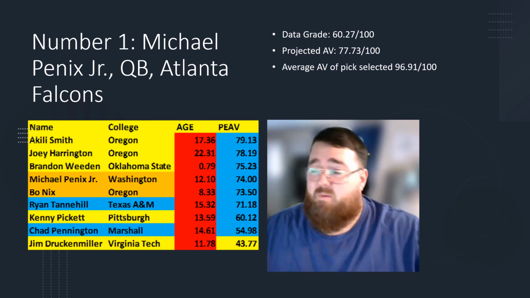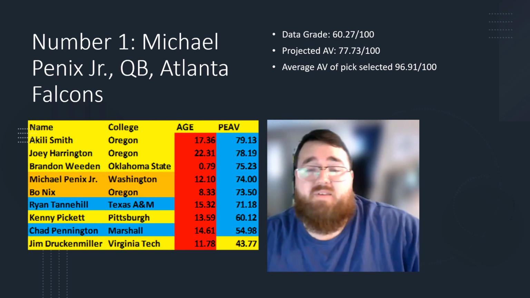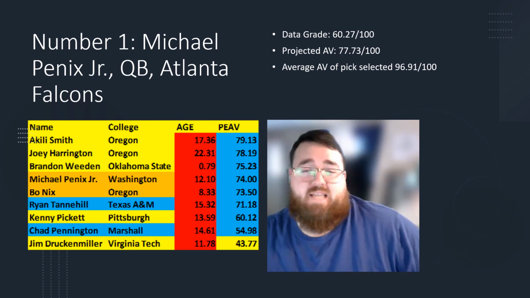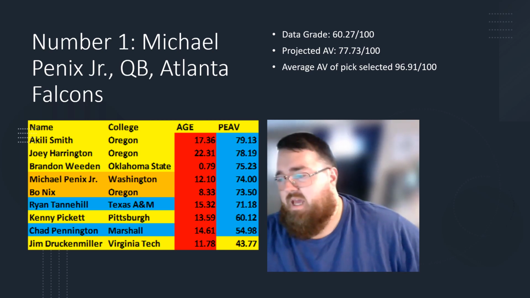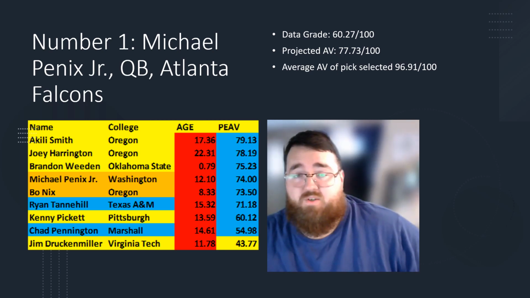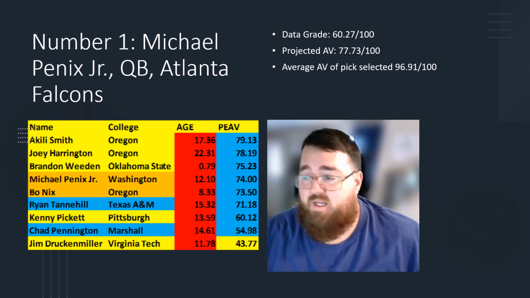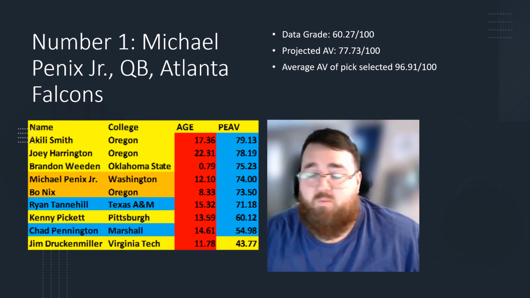One, from a data perspective, the average AV of most picks taken at pick 8 is 96.91 out of 100, okay? So you're talking about Pro Bowl, fringe Pro Bowl to starter prospects is what you're most likely going to get with the 8th selection. And the data grade for Michael Penix Jr. is 60.27 out of 100, and his projected AV is 77.73 out of 100.